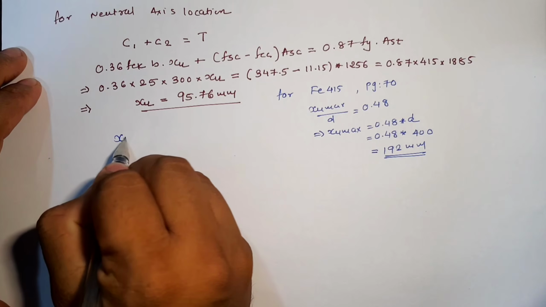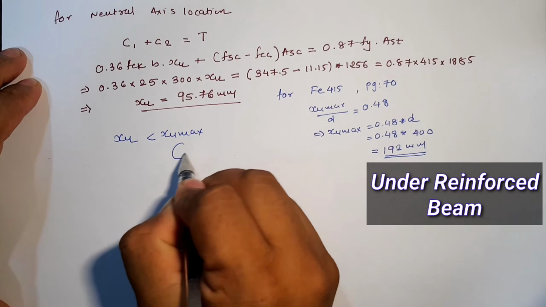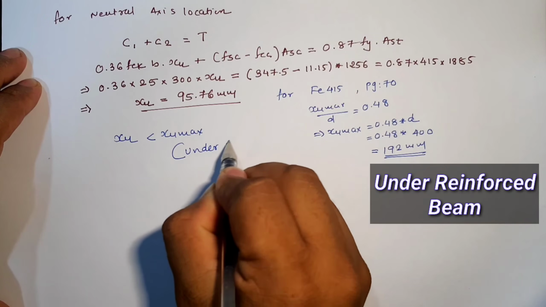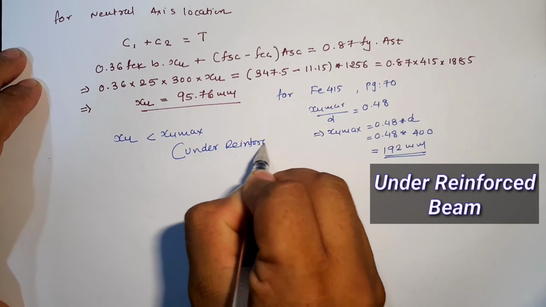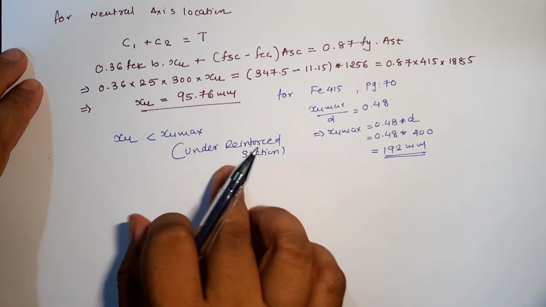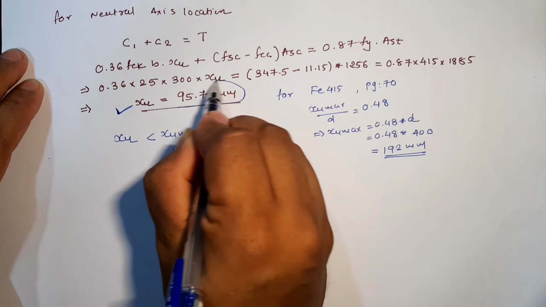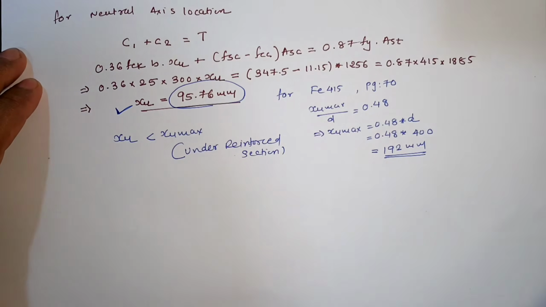In this case, Xu is less than Xu max, hence our section is an under-reinforced section. And for this calculation, we have to take Xu as 95.76 mm for the calculation of moment of resistance.